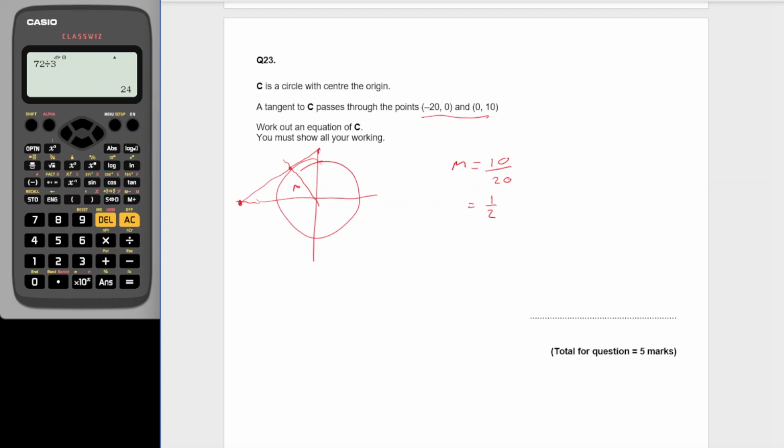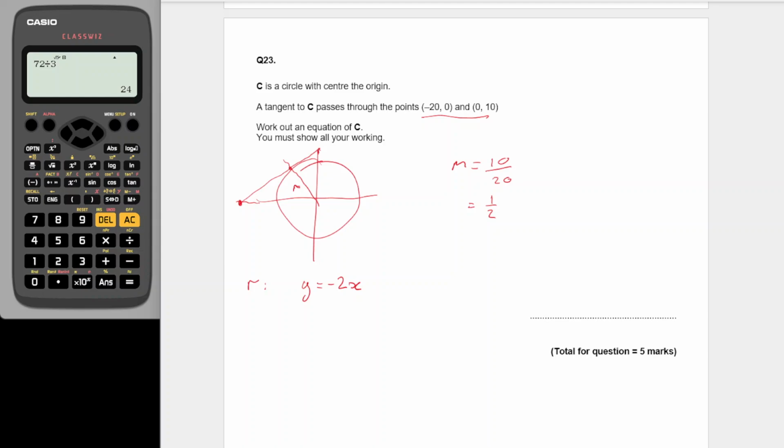So the radius is going to be y is equal to minus 2x, and we know that it passes through the origin. So that's the equation of the radius that meets the tangent.